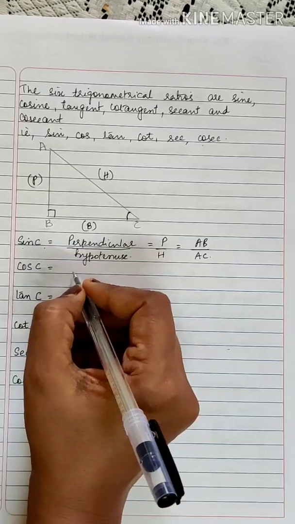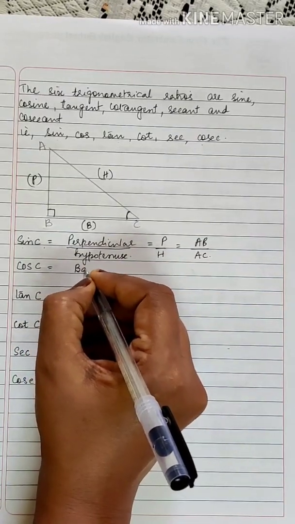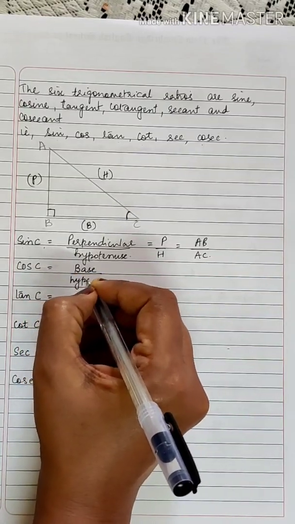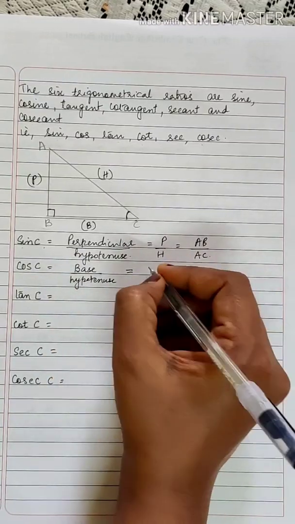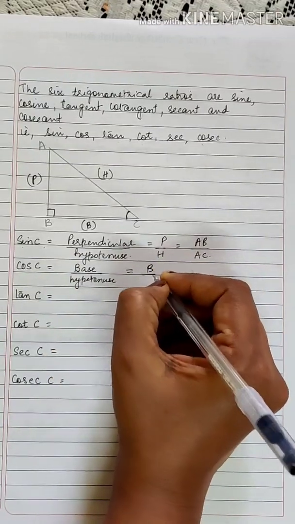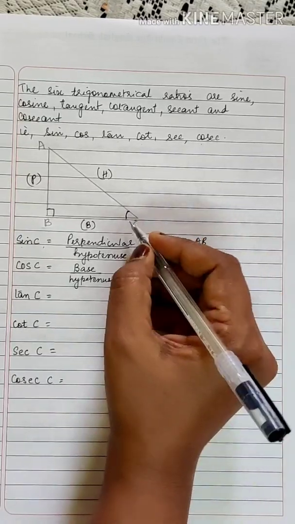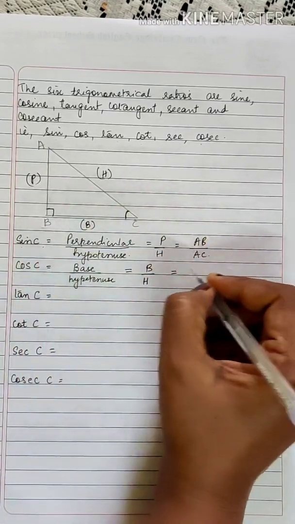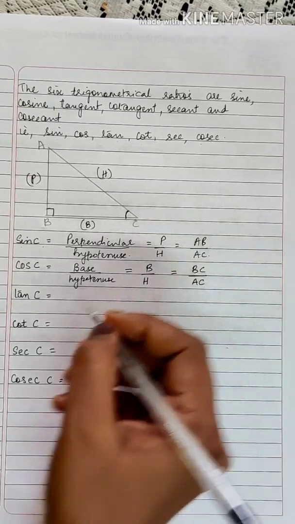Next is cos C. Cos C is base by hypotenuse. Now in this triangle with reference to acute angle C, the base is BC and hypotenuse is AC.